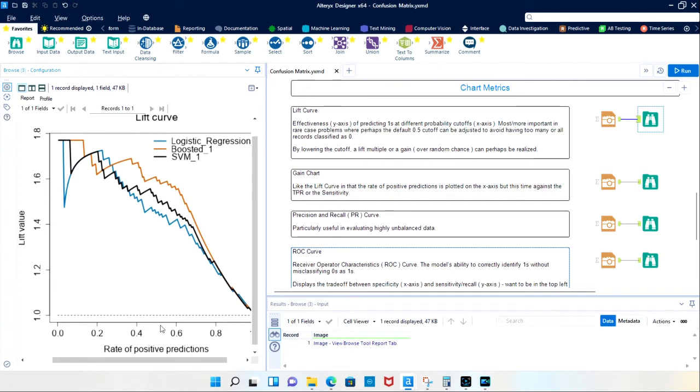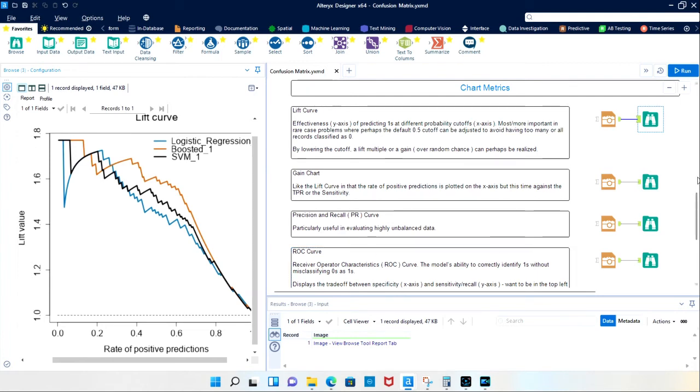In this particular example, this was a fairly balanced data set. By lowering the cutoff, a lift multiple or gain over random chance can perhaps be realized. So even on this fairly well balanced data set at 0.5 cutoff, we had a gain of about 1.6, so doing quite well over random chance.